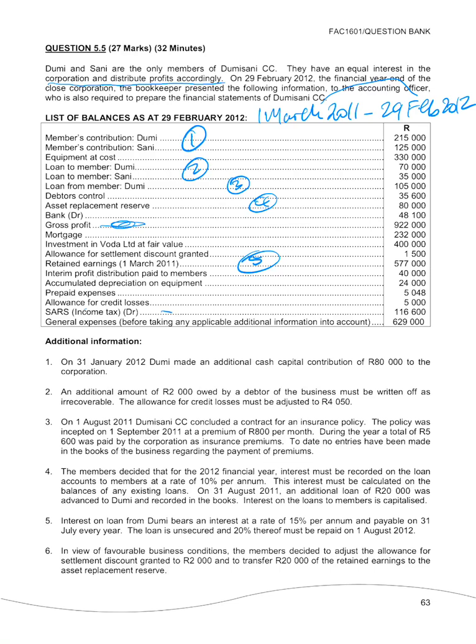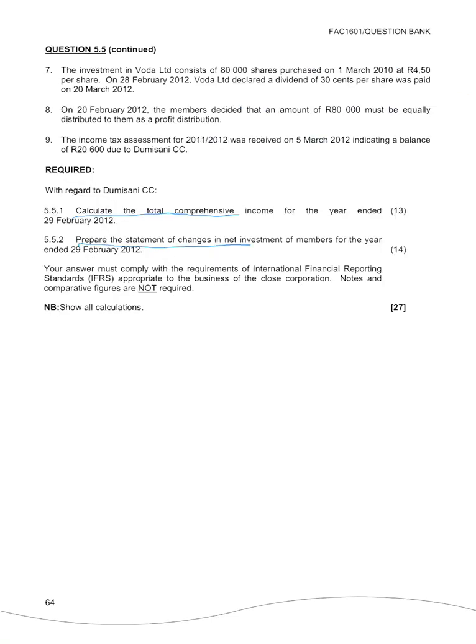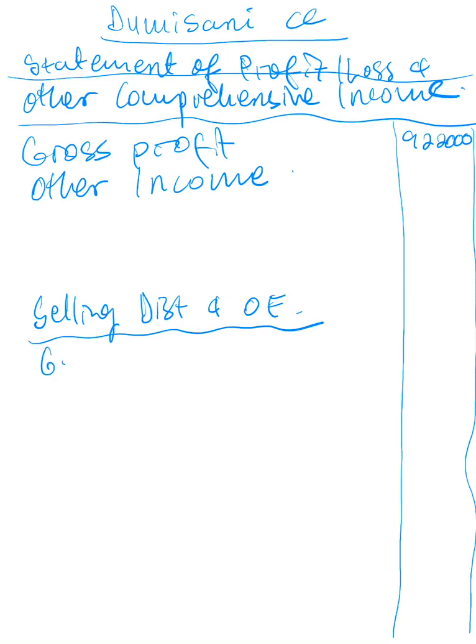So there is taxation, and this is what? General expenses before taking any applicable additional information. So that's an expense. General expenses before adjustments, meaning that we have to adjust with the additional information there, which is giving us 629,000.